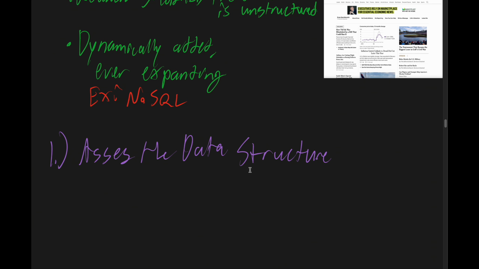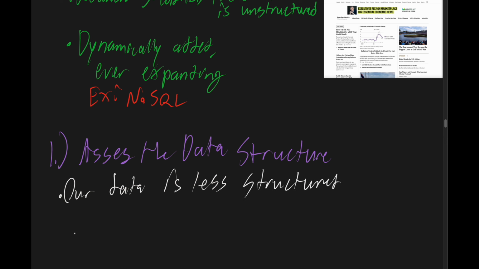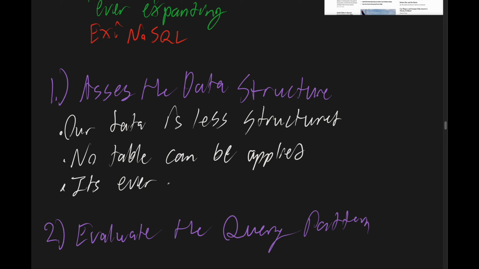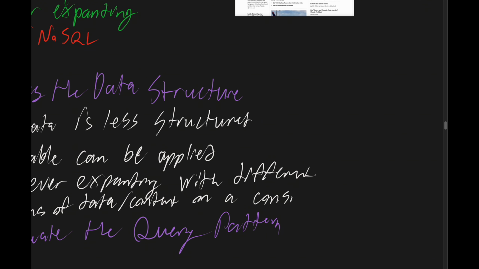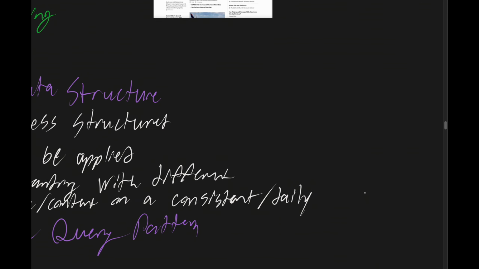So the way we assess the data structure to decide on a document model is that our data is less structured, no table can be applied, it's ever expanding with different forms of data/content on a consistent/daily basis.